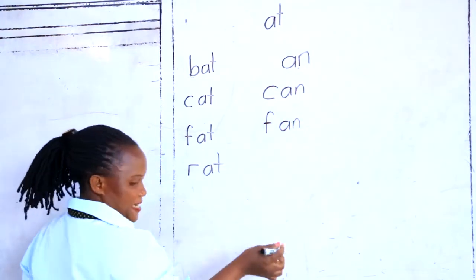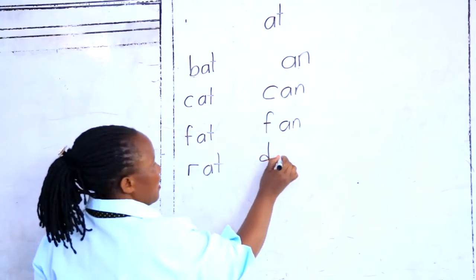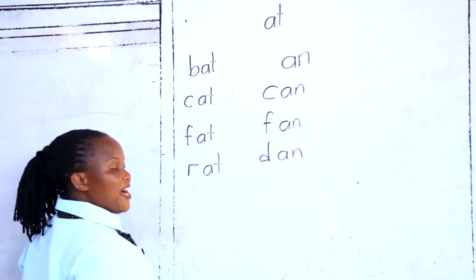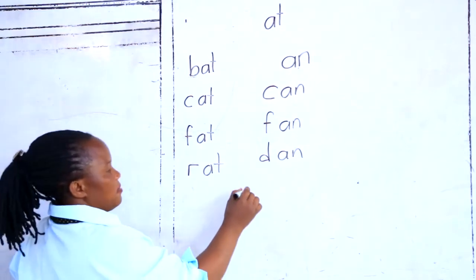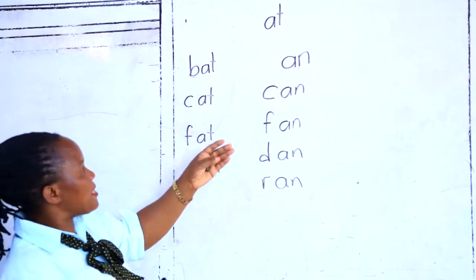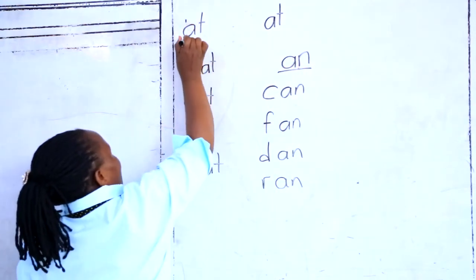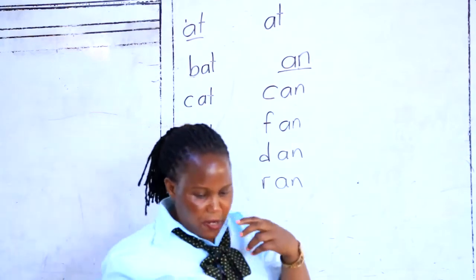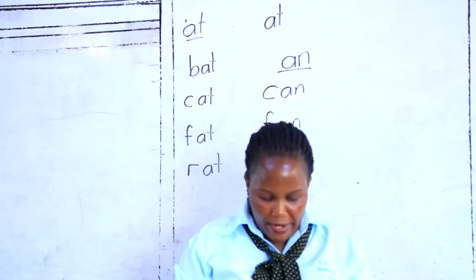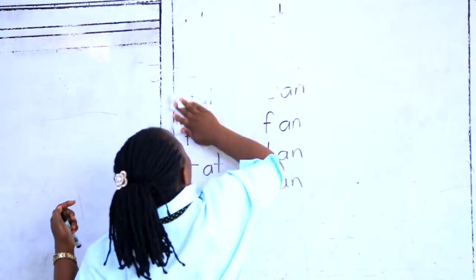An, done. An, run. Those are the rhyming words for an, and these ones are rhyming words for at. There are very many rhyming words. So if you find them, that's the way you go about them.